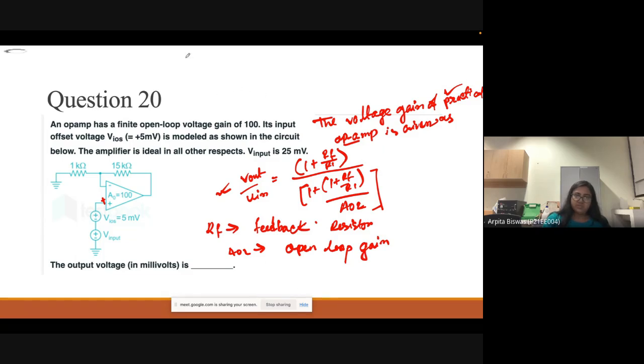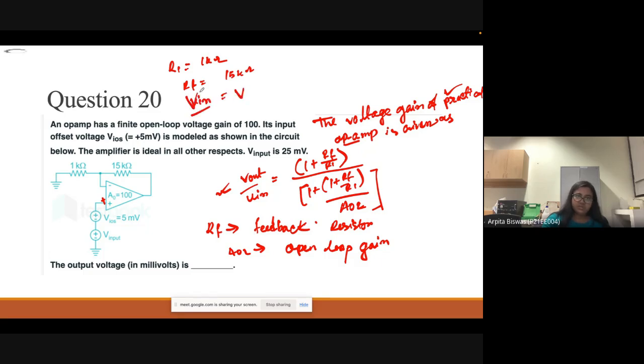The R1 value is given, it is 1 kilo ohm. RF is 15 kilo ohm, right? Now you have to see what is the value of V in.